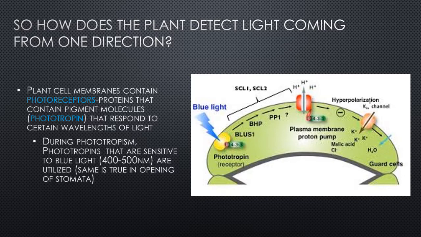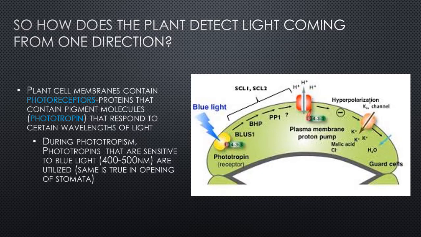So during phototropism, for instance, that requires blue light, or light between 400 and 500 nanometers. And if you'll remember, we talked about when blue light was present, the stomata open so that the plant can then photosynthesize.